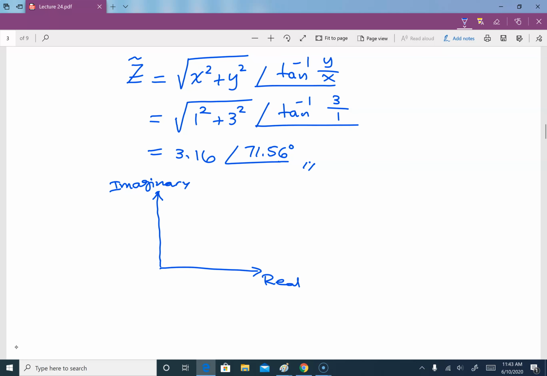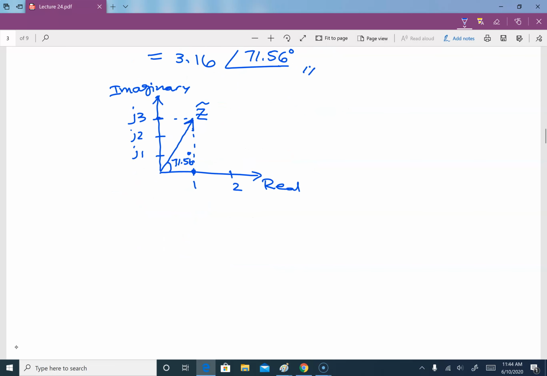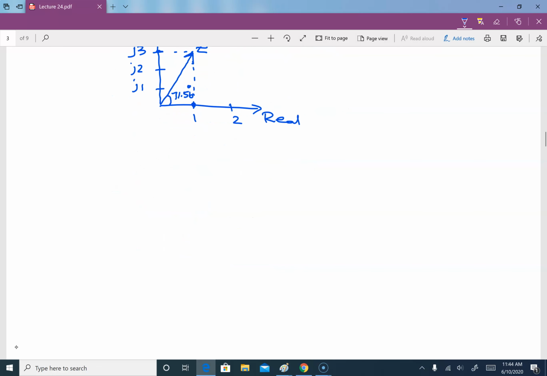So we have x to be 1, which is this, and this is j3, and this is our phasor z, and this angle here is the 71.56 degrees. So that is the phasor diagram of this complex number.